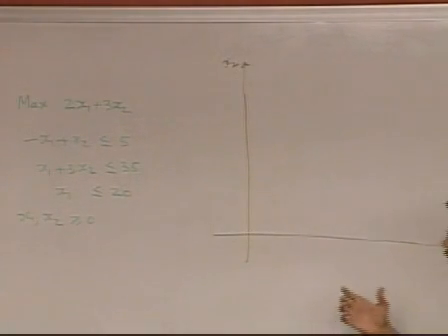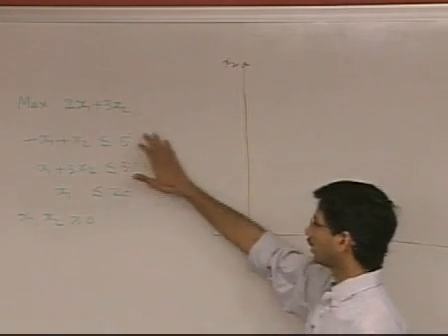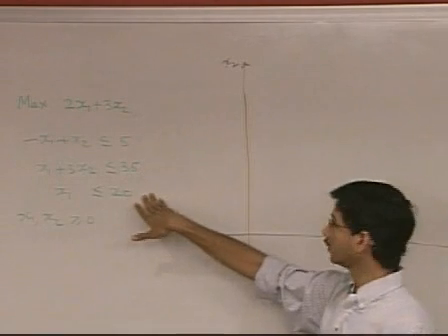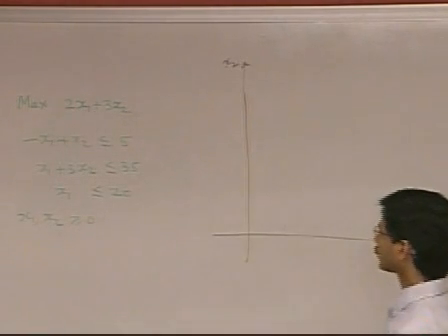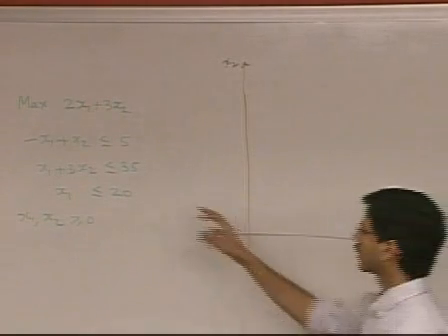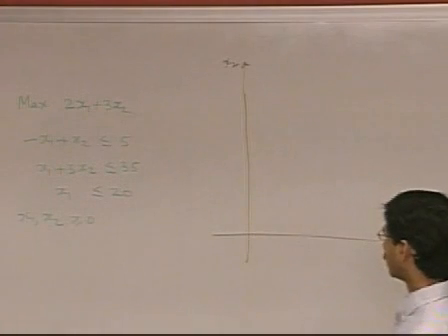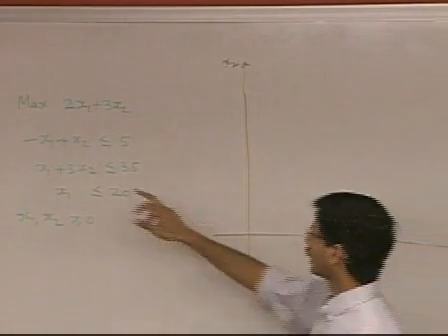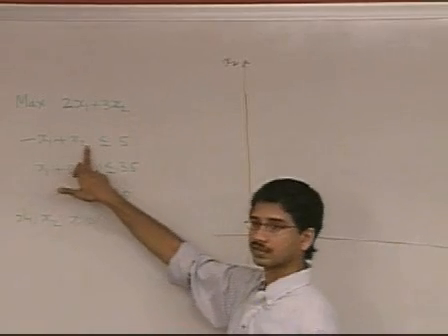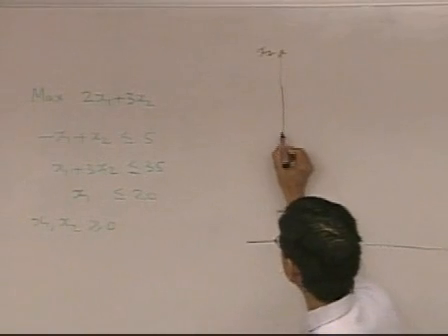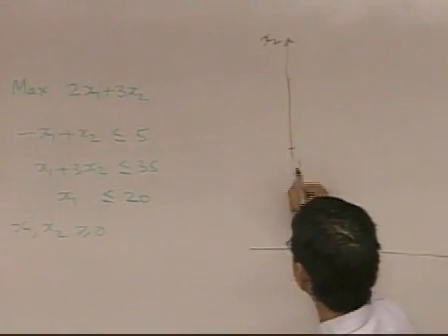Recall that we are interested in all x1, x2 pairs that satisfy all of these constraints. To draw the first constraint, which says x2 minus x1 is at most 5, you can check that when x1 is 0, this just says x2 should be at most 5. So that's this point.